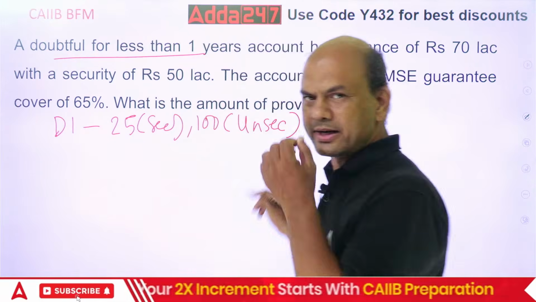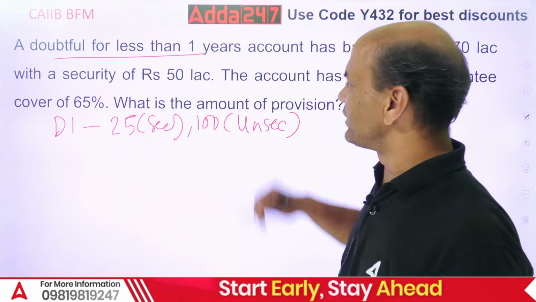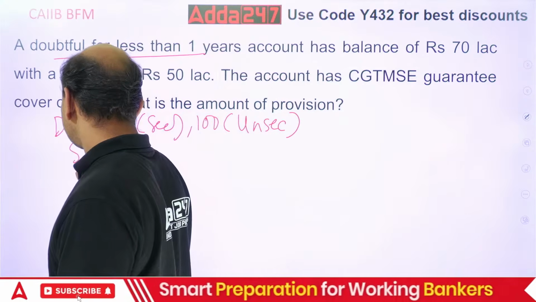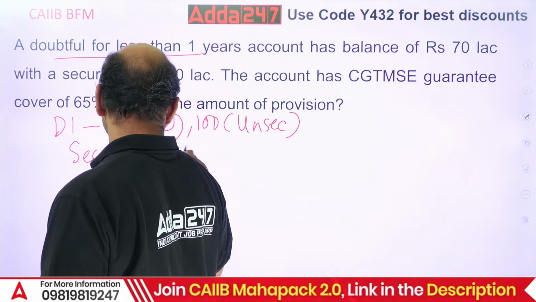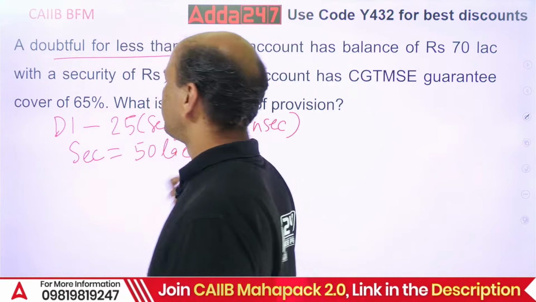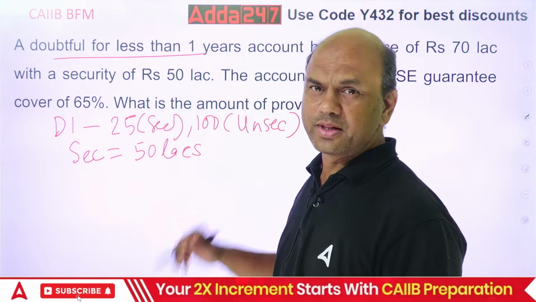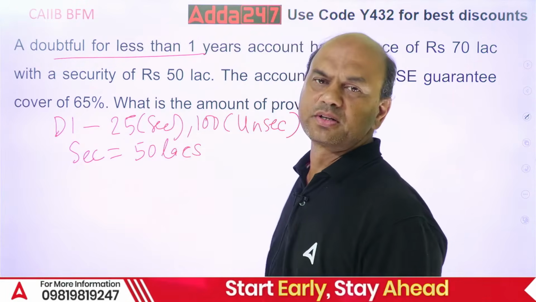So what is the loan amount given? 70 lakhs. Security is 50 lakhs. So secured is 50 lakhs. Now if secured is 50 lakhs, what is the provision? 50 lakhs into 25%.